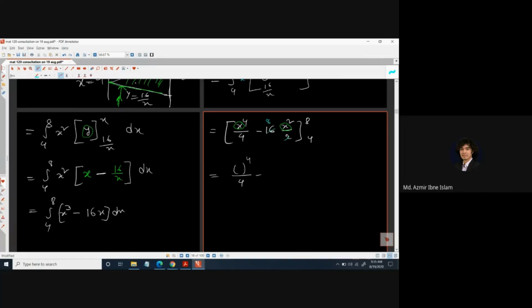The result will be 8, so we are getting actually 8 x squared here. So at first we can input the upper limit 8. So the upper limit is done. Let's work with the lower limit.